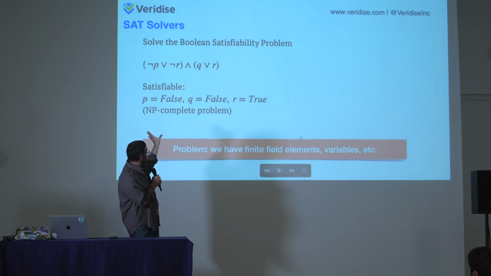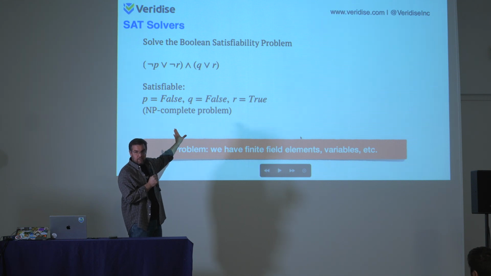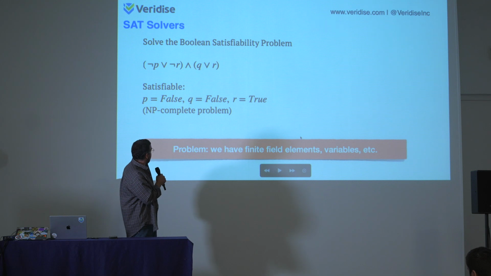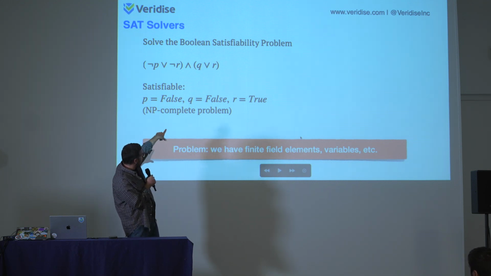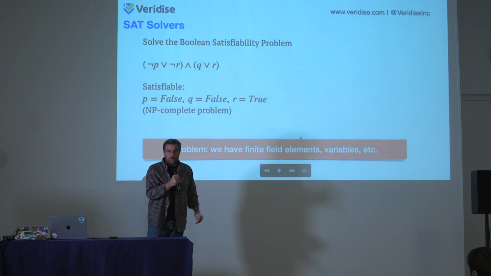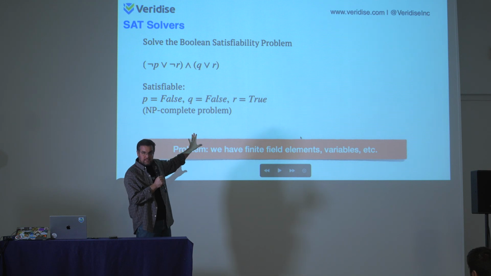And you're asked whether there's a satisfying assignment of truth values to the variables, an interpretation for this. In this case, you can check, for instance, if you would take P false, Q false, and R true. If you put that into the logical formula up there, you would get true at the end. So this formula is satisfiable.